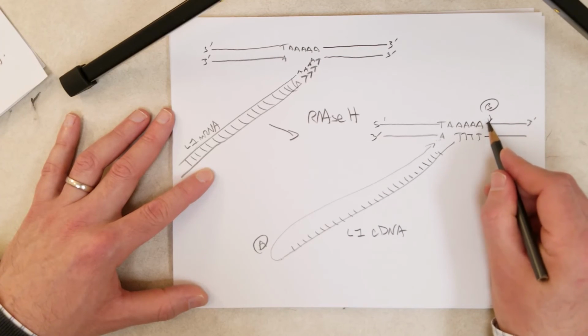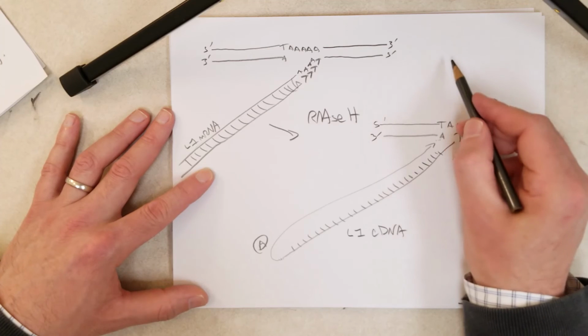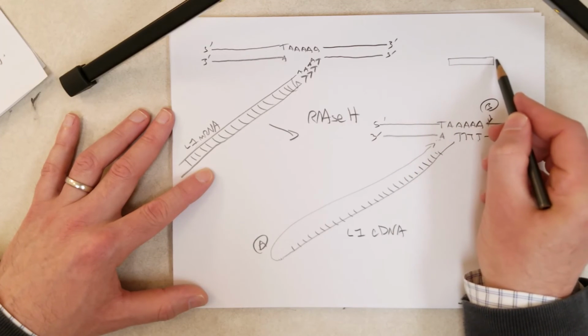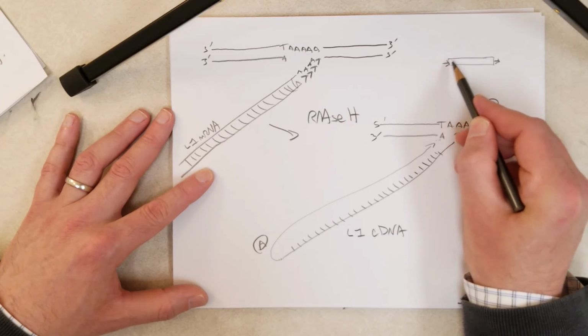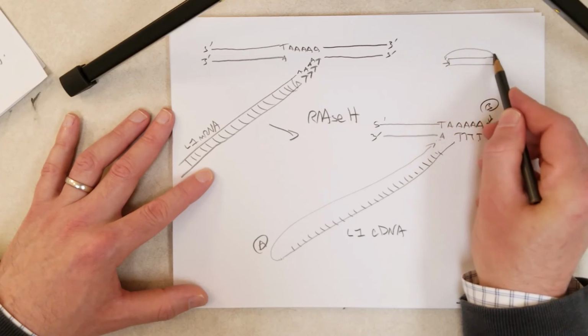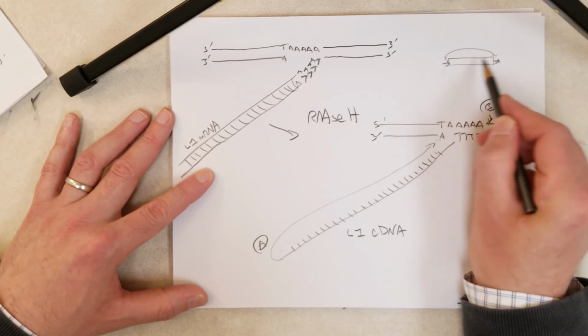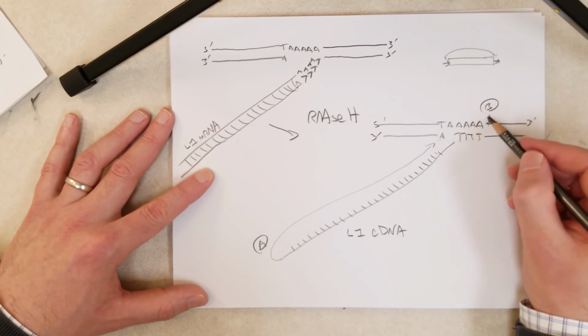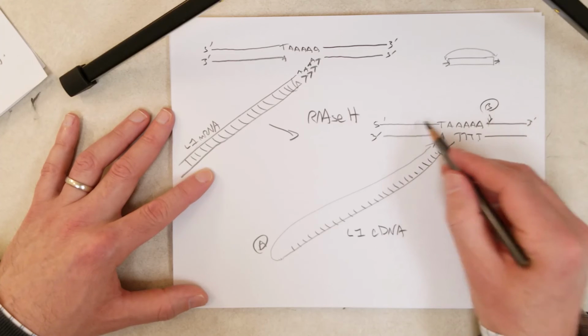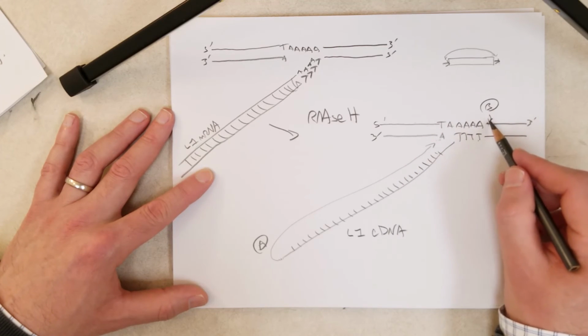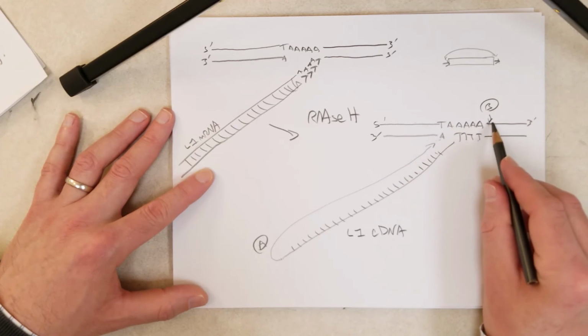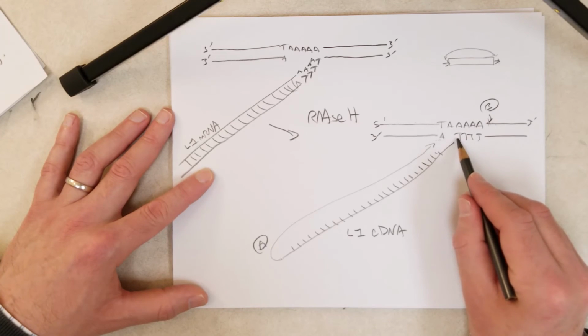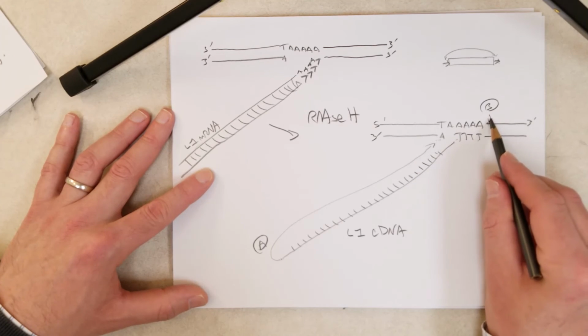The reason the nick is thought to occur here is because, if you remember, in the very beginning of the video, I said there were some duplicated sequences. Very short duplications exist on either side of the element. And it's thought to do with the fact that this nick of the second strand of the target site probably occurs somewhere 3' of the first nick. So if the first nick was here, the second one's probably downstream a little bit.